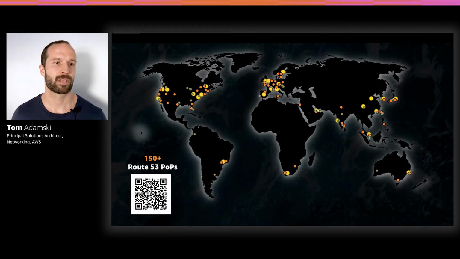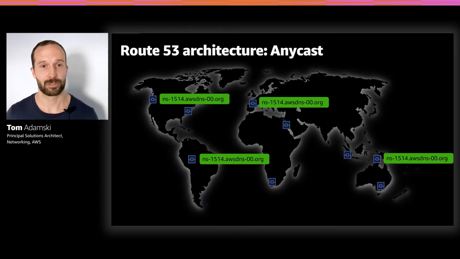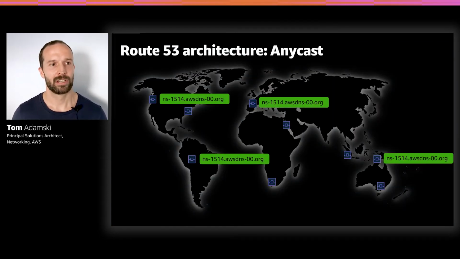So if we make this a little bit simpler, and we just focus on a small subset of those Route 53 POPs, and if we zoom in on just one of the name servers, from the .org stripe, you'll notice that the same name server is actually deployed across different locations around the world.